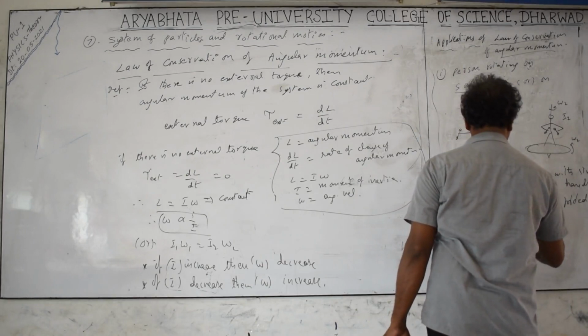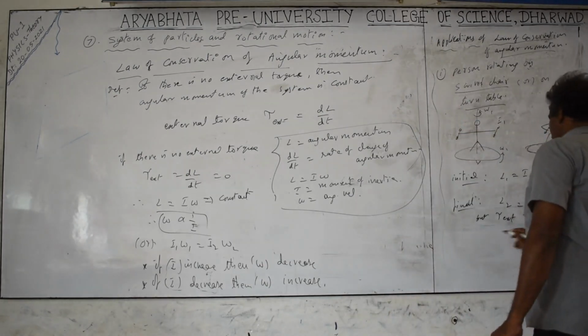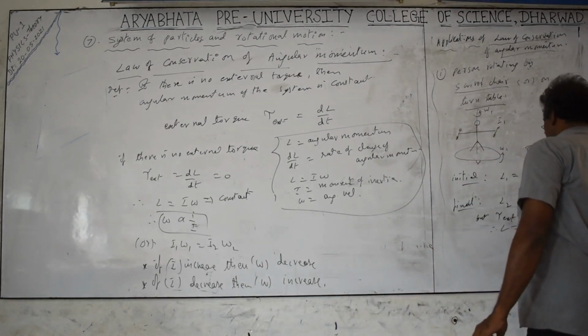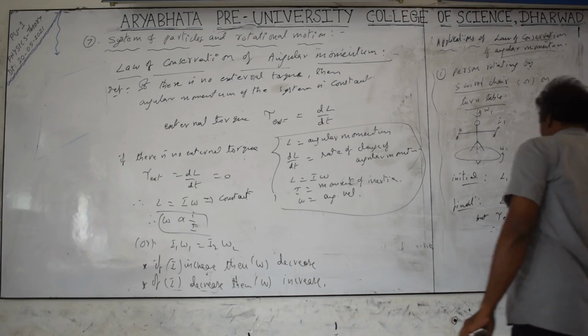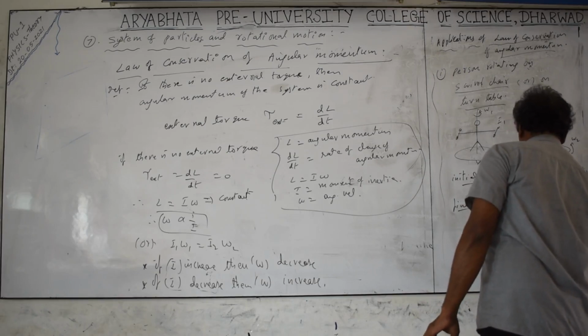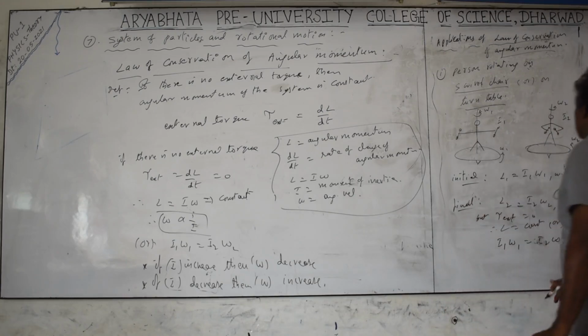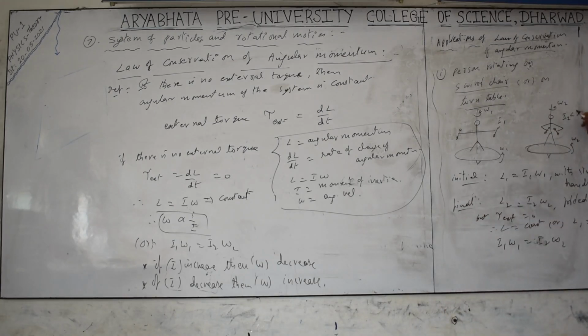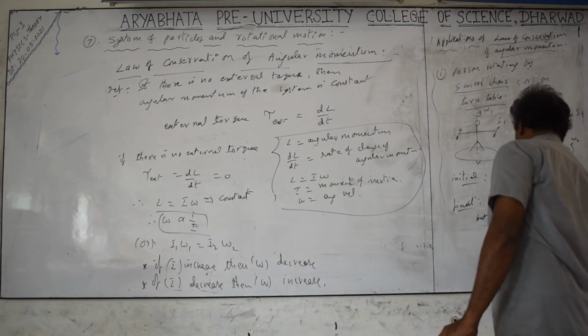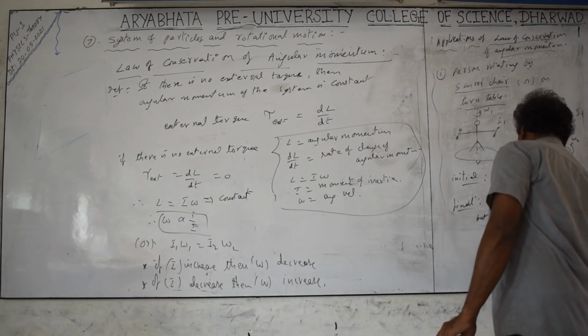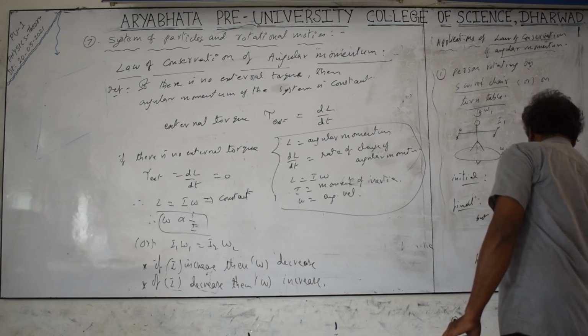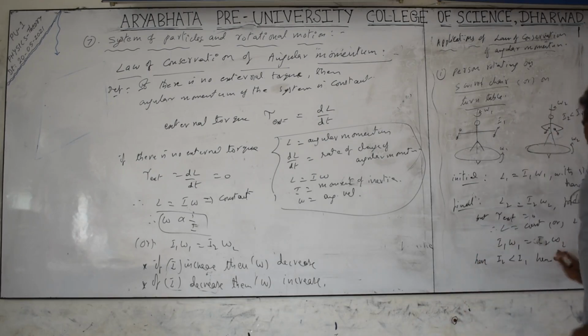Tau external equals 0, therefore L is constant, which means L1 equals L2, that is, I1 omega 1 equals I2 omega 2. Here I2 is less than I1. Hence, when I is decreased, omega increases. Hence, omega 2 is greater than omega 1.